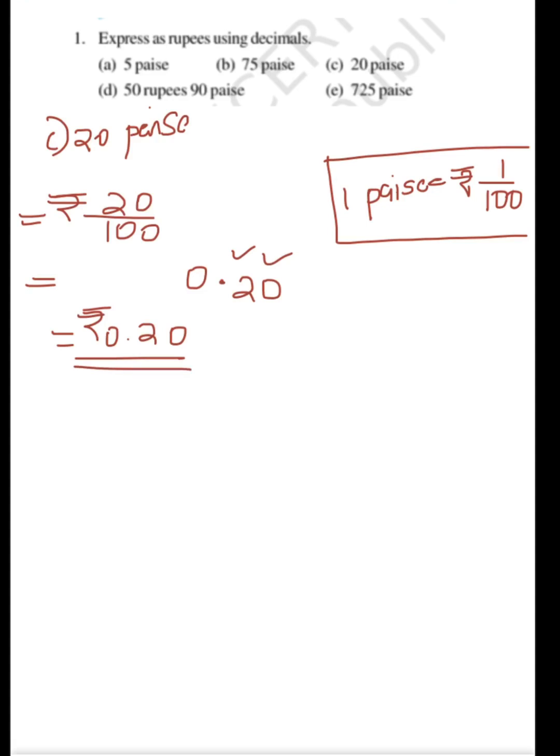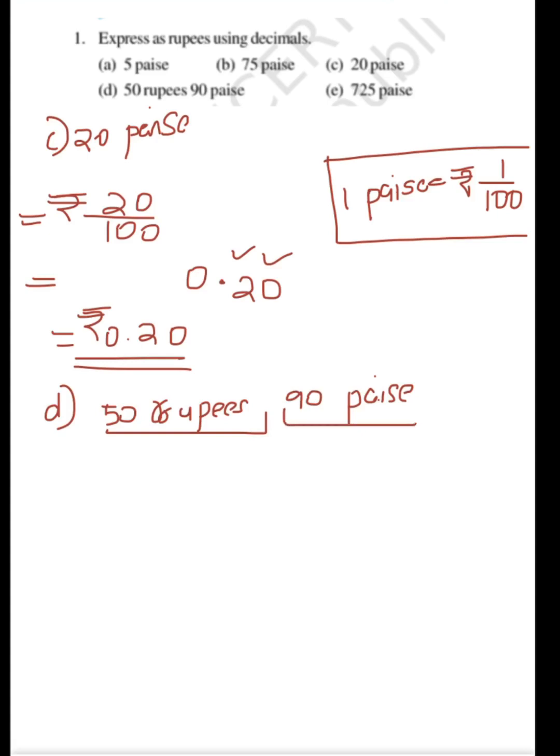Now let's see D. D is 50 rupees and 90 paise. You have to express this as rupees. 50 rupees is already in rupees, so no need of converting that. You have to convert only this 90 paise. It will be 90 by 100 rupees.